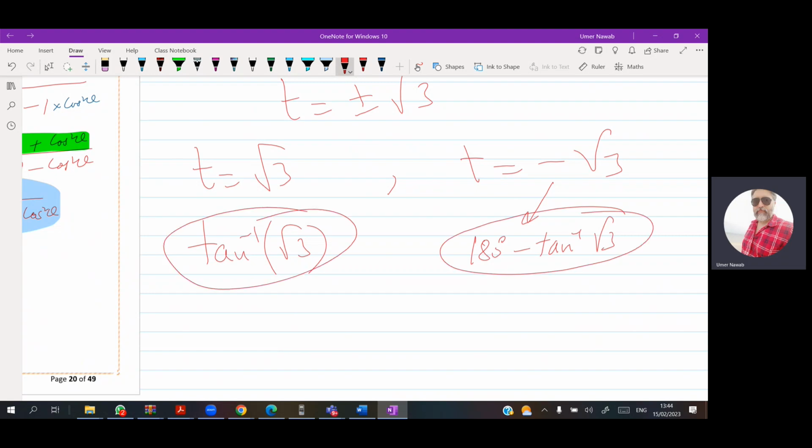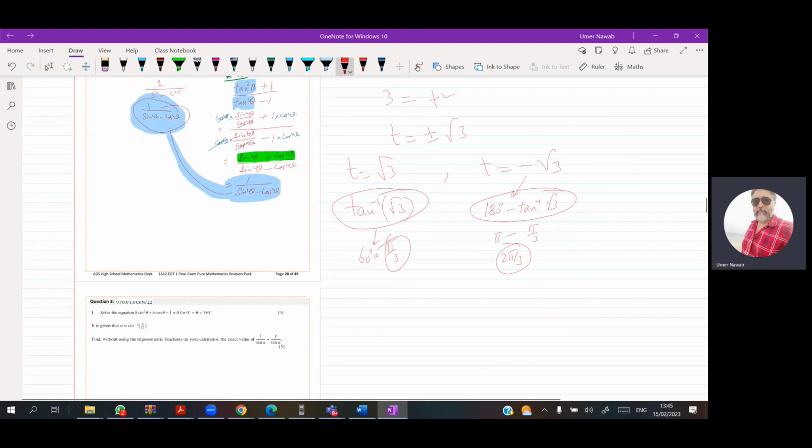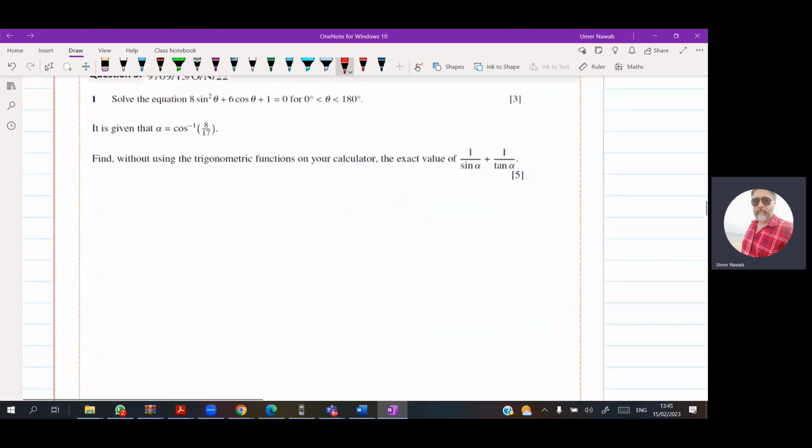Guys, I'm doing it directly because I know you already have an idea about these types of questions. I think this will be 60 degrees or pi over 3. You may check that. And 180 minus pi by 3, and 180 means pi. So this will give you 2 pi by 3. So two solutions you will be able to get from this.